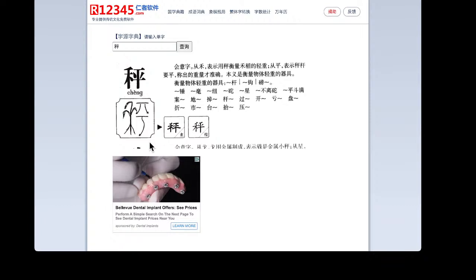So when you measure, you have to make the steelyard level, right? So that's why they use the crop radical and the level character 平 to build this character. Okay. So this is 称.